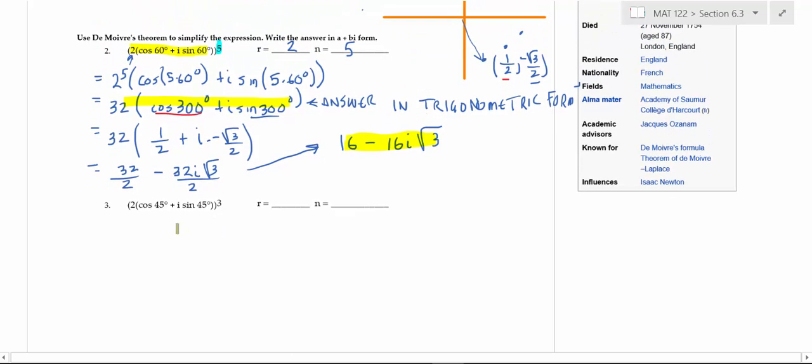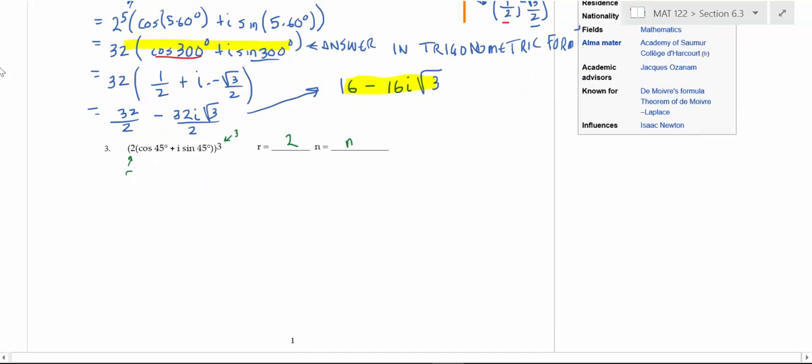Okay, so we're going to do another example. This time n is 3, that's just the power in the formula, and the radius is going to be 2. De Moivre's theorem tells us to take the radius to the 3rd power, then cosine of 3 times 45 plus i times the sine of 3 times 45 degrees.